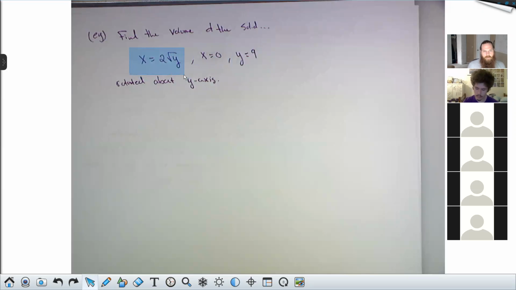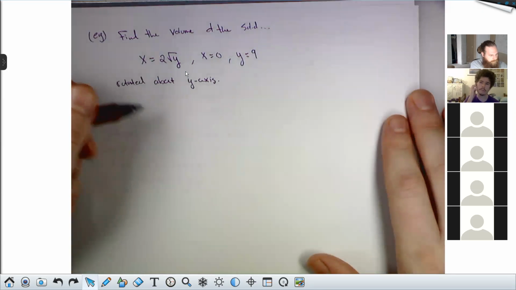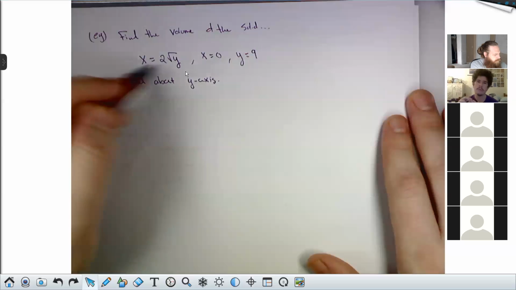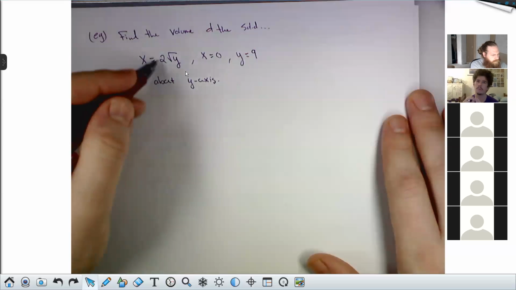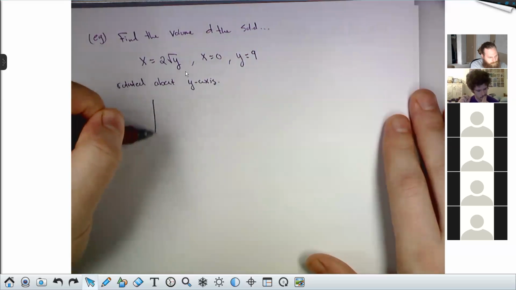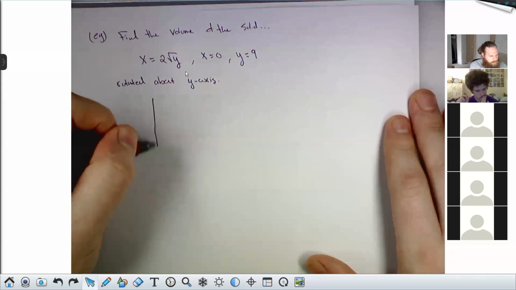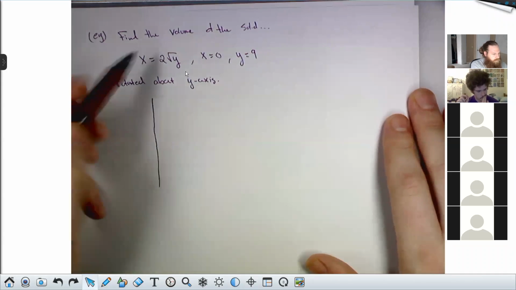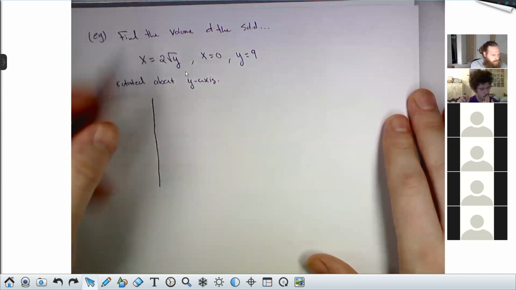This guy is a parabola, but it's just half of it, right? It's the square root function rotated sideways, so that's just your regular parabola. It's the same as y equals x squared over 4.